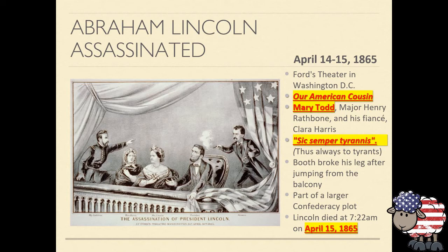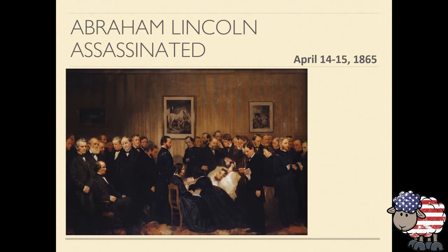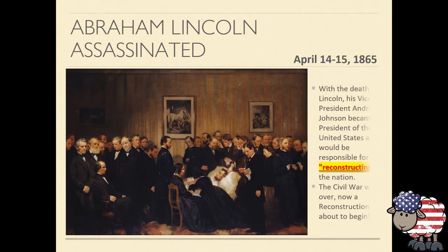Now, with the death of Abraham Lincoln, his vice president, Andrew Johnson, is going to be responsible for reconstructing the nation. Civil War is over, and now Reconstruction must begin.